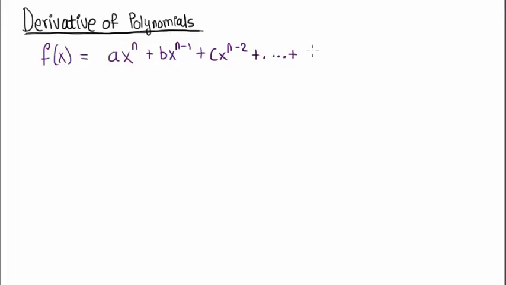I'm just going to call that a0 for constant. It'll keep on going down until I get x to the n minus n, which will be 0. So basically, x to 0 is just 1, so that's the same thing as just saying the constant in itself.